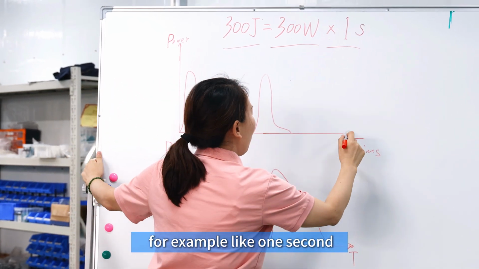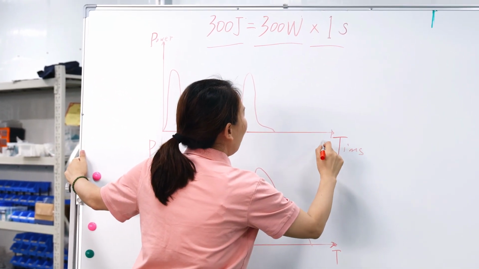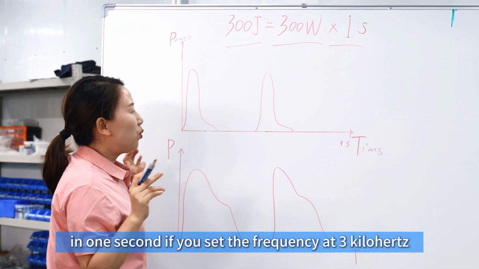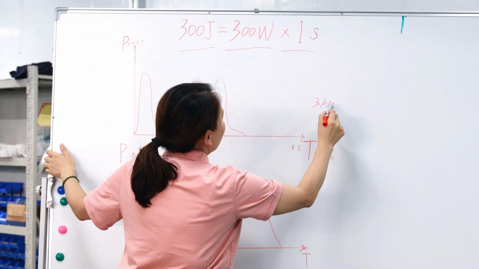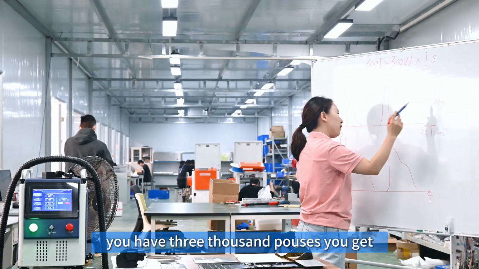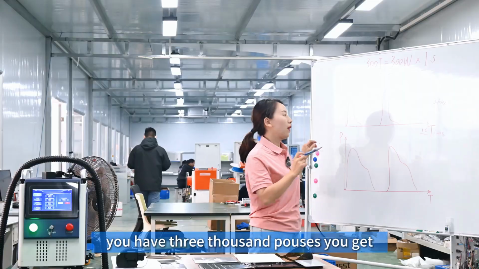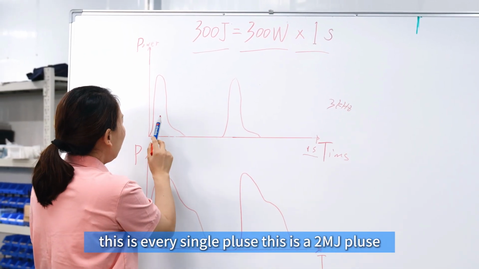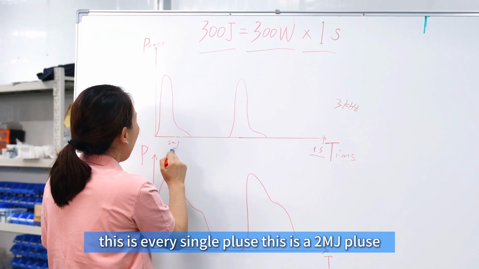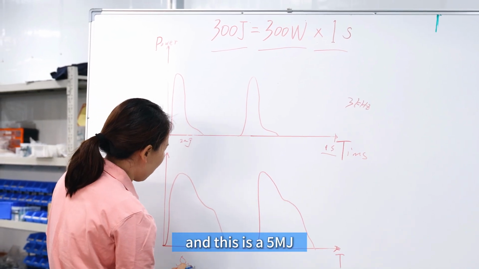For example, 1 second. In 1 second, if you set the frequency at 3 kilohertz, which means in 1 second you have 3000 pulses, you get every single pulse. This is a 2 millijoule pulse, and this is a 5 millijoule.